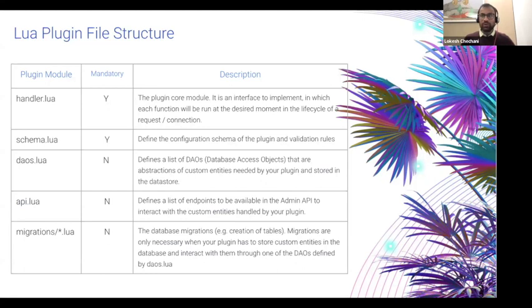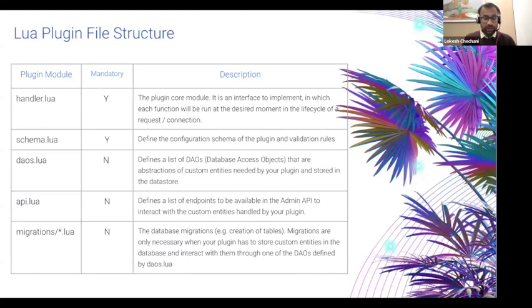That's how Kong will know which tables to create and how this plugin would be integrated to read and write from those tables. It's very specific. I haven't seen any such use case as of now, but it is there for complex scenarios. Then there is api.lua, which you would need to implement if you need to expose some sort of administrator endpoint via this custom plugin.